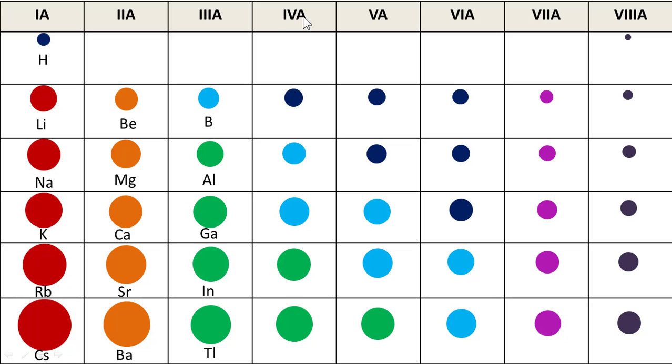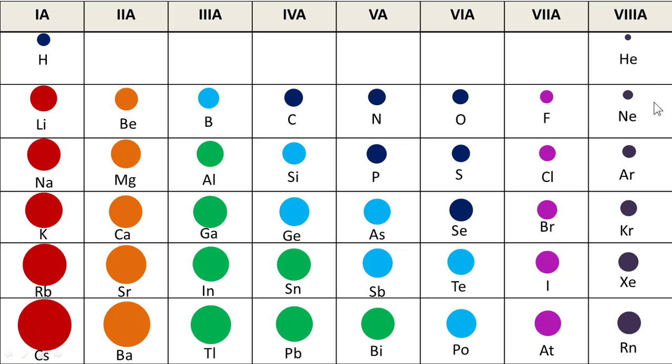In group 4A, we should remember carbon and silicon. In group 5A, we just remember nitrogen and phosphorus. In group 6A, we remember oxygen and sulfur. In the halogen group, group 7A, we remember fluorine, chlorine, bromine, and iodine. And for the noble gas elements, we just know them, we don't study them.